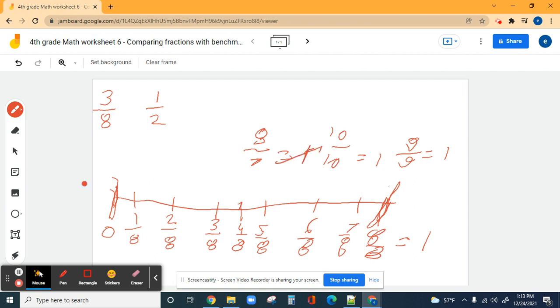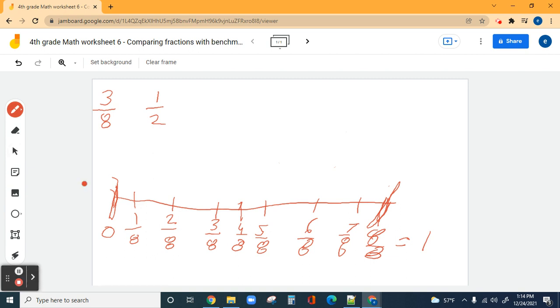So now you understand that when the number is the same on the top and bottom of a fraction, it is always equal to 1.